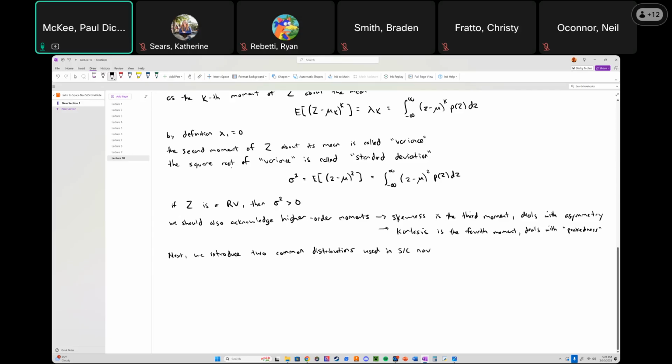The first is a uniform distribution, and the second is a Gaussian distribution. Both of these should be familiar.